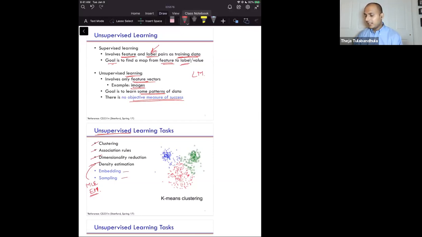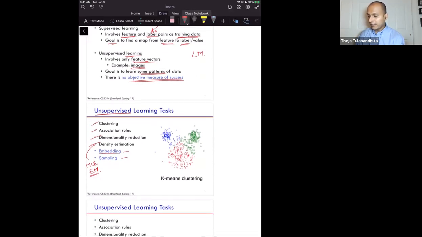These are tasks where you don't have labeled data, you have unlabeled data, and given new unlabeled data, you can produce an embedding of this data point. Or you have unlabeled data from which you created an object, for example a GAN, and from that you can sample a new data point, for example a new image, and that image is not just an image in the training data. It's a new image.